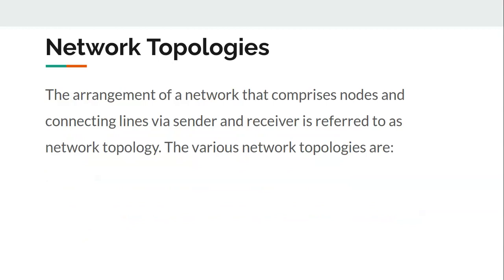Listen to this definition very well. The arrangement of the network, right? And we say it comprises the nodes and the lines. Those lines can be the cables, and let it be wireless or wired, and then the nodes, we said these are the networking devices.